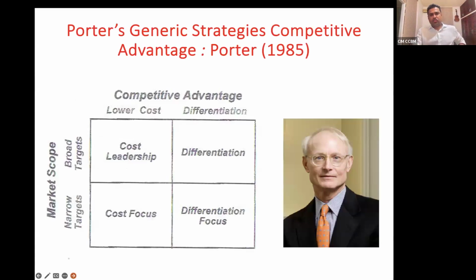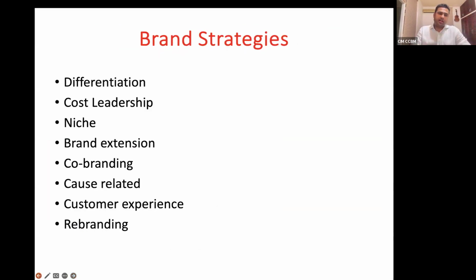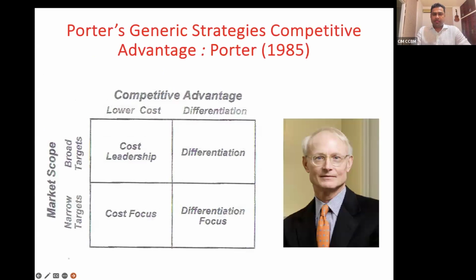Okay. So differentiation and cost leadership, right? These first three areas: cost leadership, differentiation, and niche, are reflected in Porter's generic strategies. If you look at differentiation, we aim to have points of differentiation, PODs.